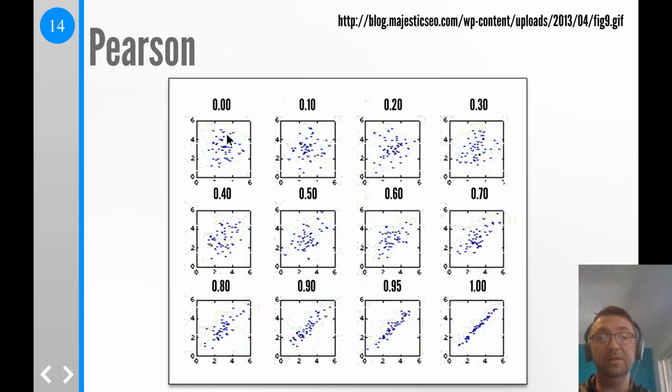We see here that even a relatively high correlation, a strong correlation, still involves a huge amount of noise and other things going on.